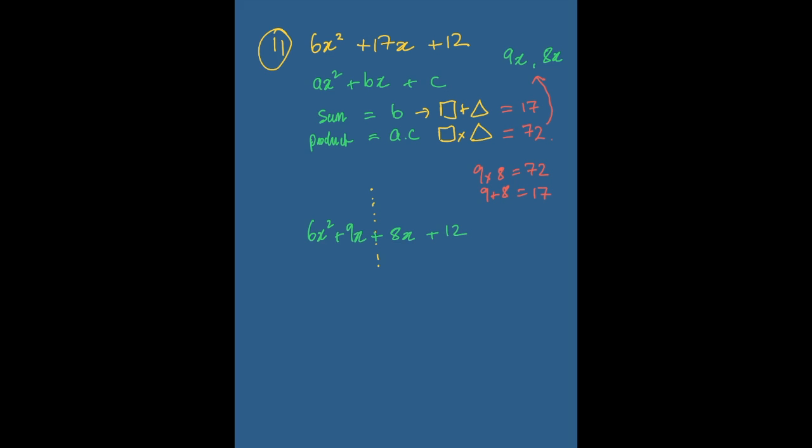So here we could take out a 3x, and we have 2x plus 3, and here we could take out a 4, so then we have 2x plus 3, and then grouping those terms we end up with 3x plus 4 times 2x plus 3.